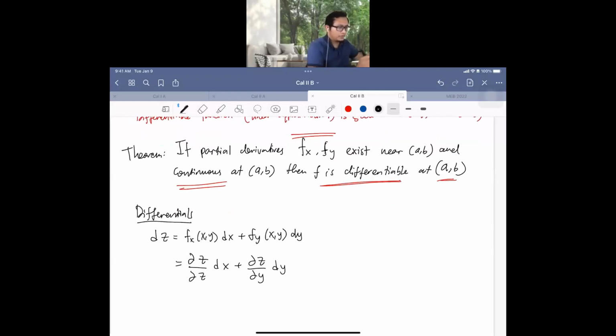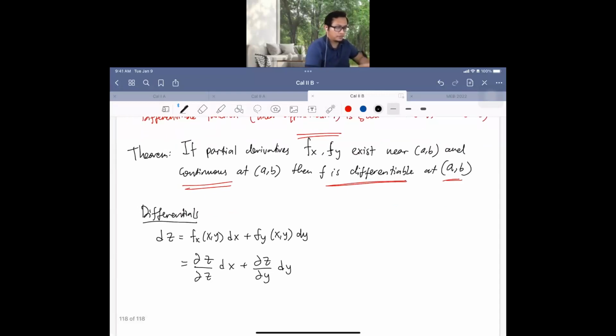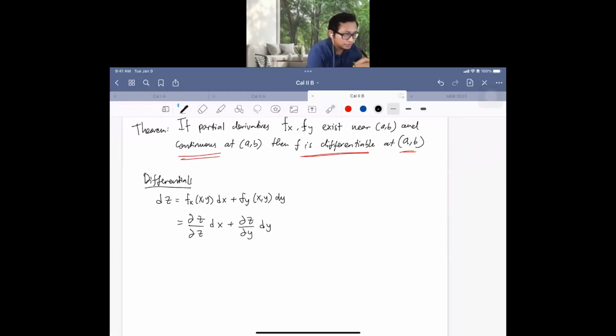And then we can also take some graphs to differentiate.